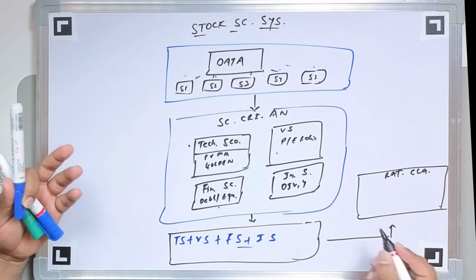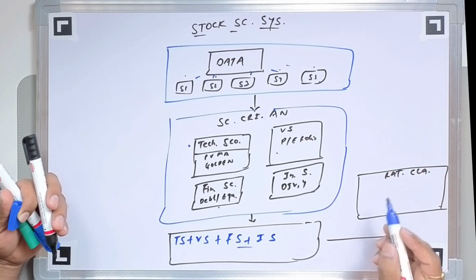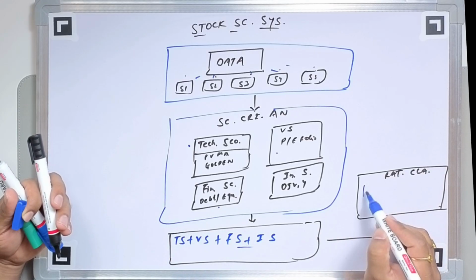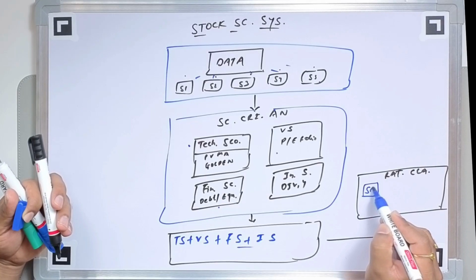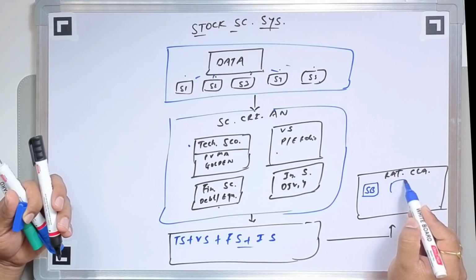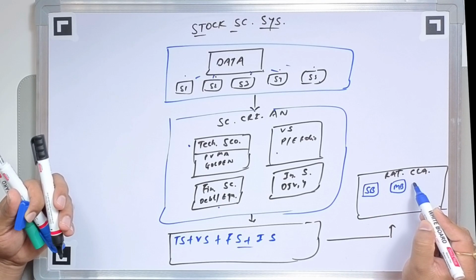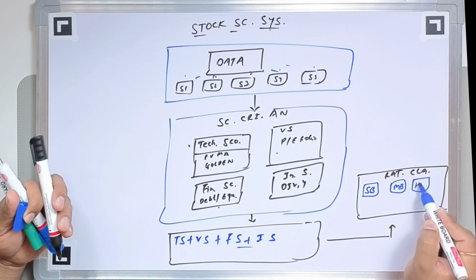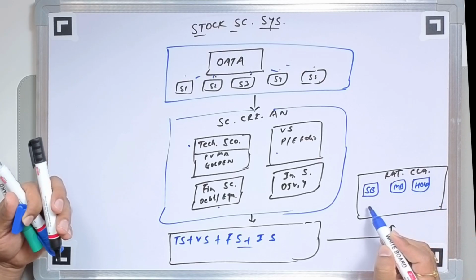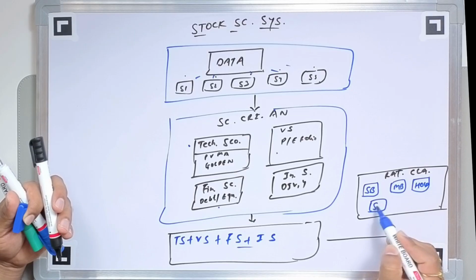So in this, we have 4 categories here, right? So one is strong buy, another is moderate buy, the third is hold, right? And the fourth is sell.